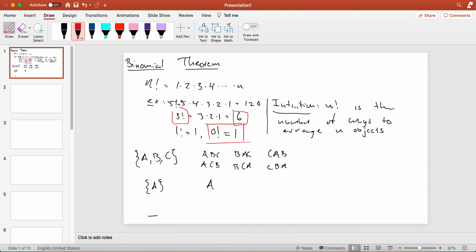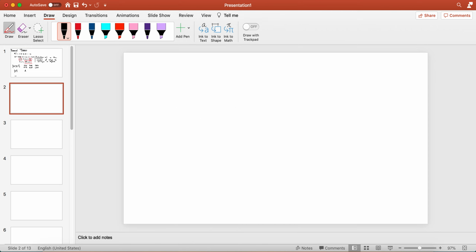Okay. And just so I'll prove this right quick, that n factorial is the number of ways to arrange n objects. If I have n objects that I'm arranging, right? Well, actually, let me talk about the first example I gave. I had 3 objects, A, B, and C, to arrange. For the first object, I could choose either A, B, or C. So I had 3 choices. But once I make a choice for the first object, I only have 2 objects left.